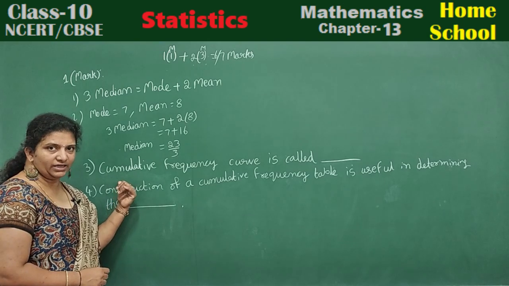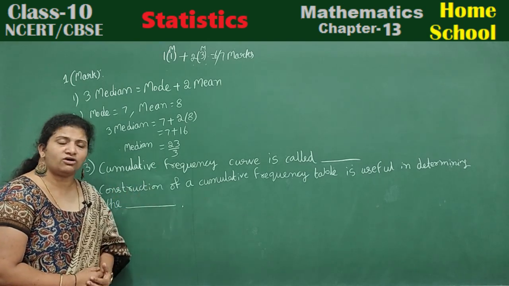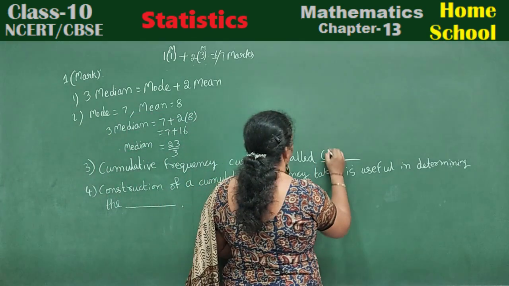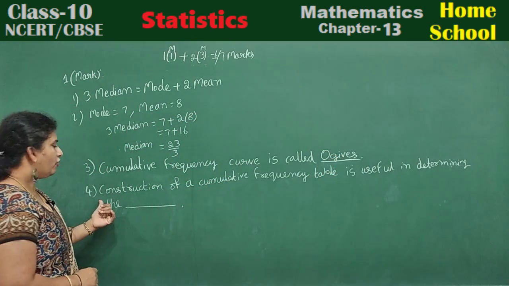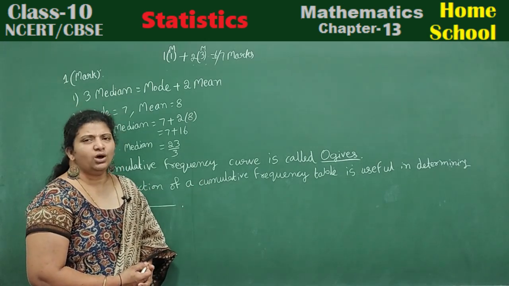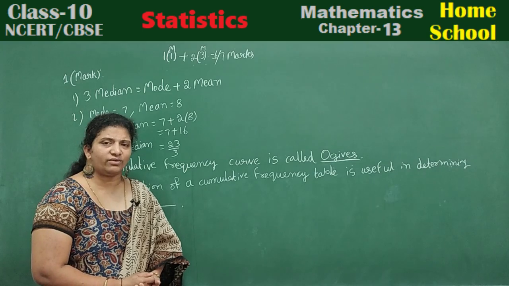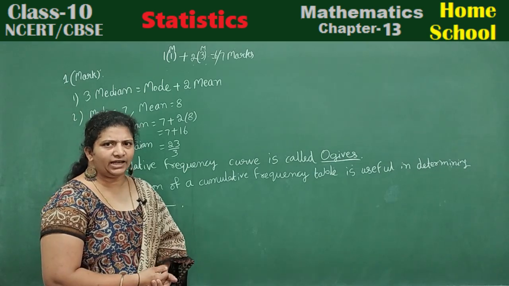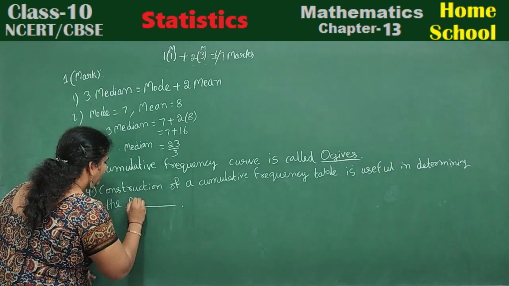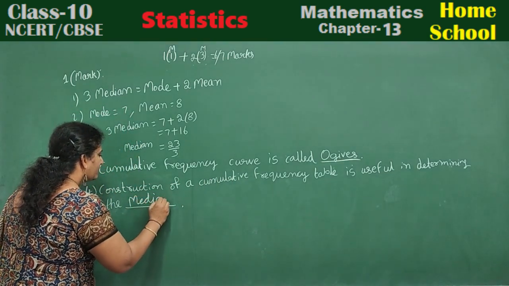And your third variety, cumulative frequency curve, is called as dash. Cumulative frequency curve is also known as ogives. Fourth one, construction of a cumulative frequency table. Why do we construct cumulative frequency table? In order to calculate what is useful in determining the median.